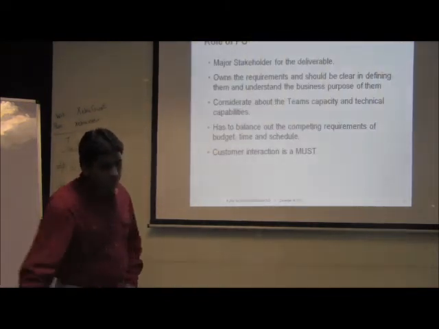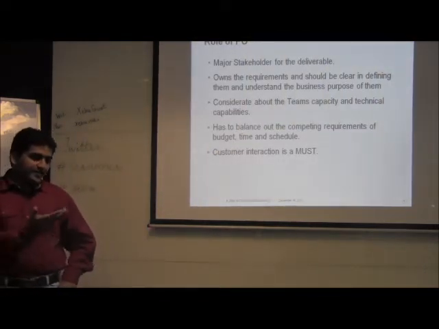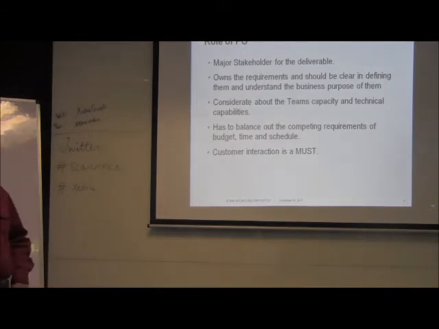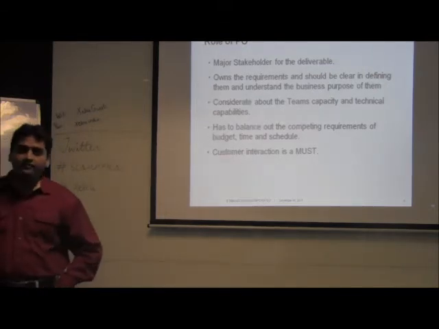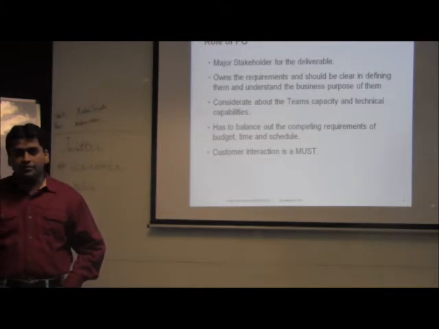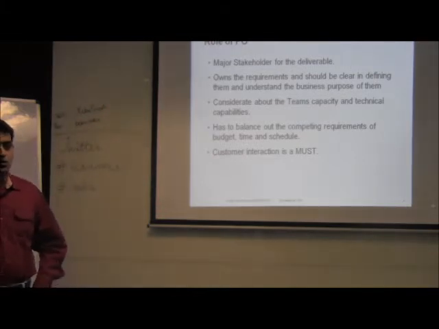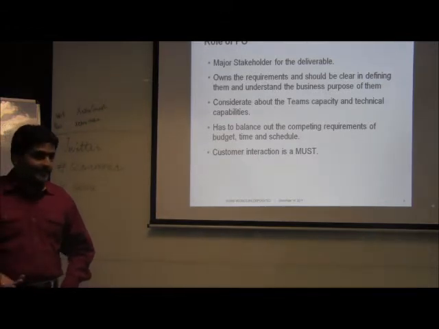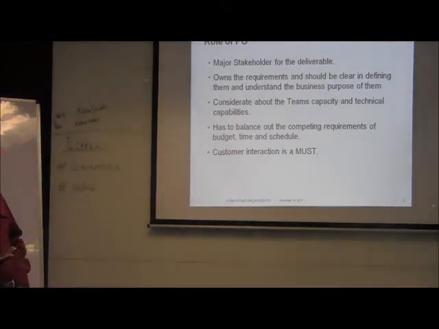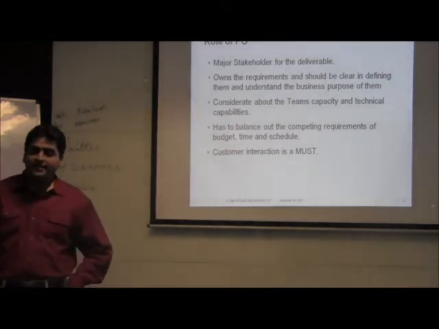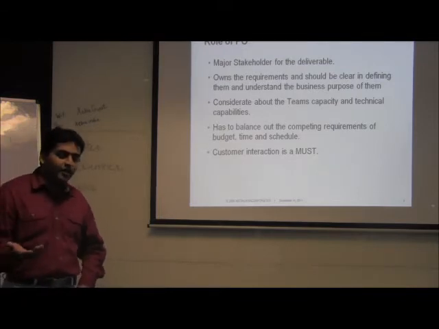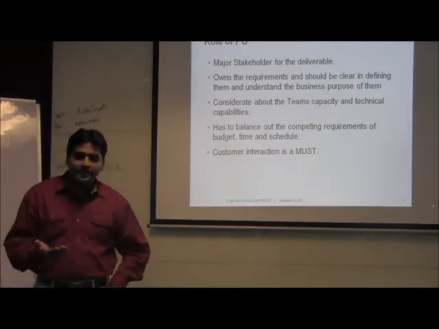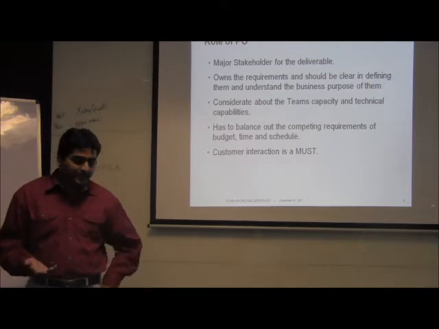Starting with the role, I think everybody has briefed it quite well: he is the major stakeholder of a deliverable, or a shippable unit. So he actually owns what delivery is going to come out of the development cycle. He owns the requirement, and he should be clear in defining the requirements and making them clear to the development team.